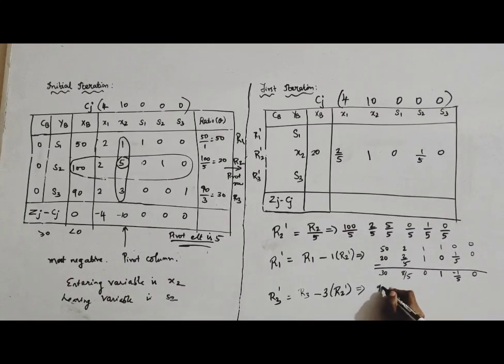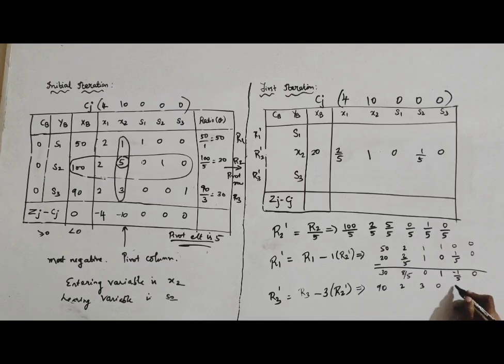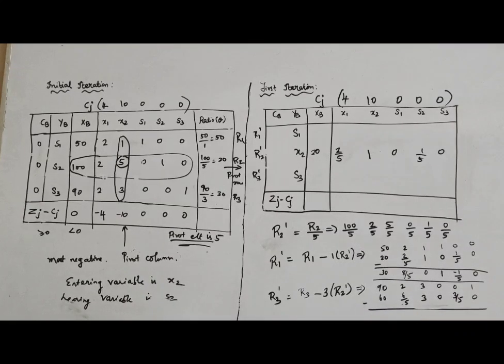That is 90, 2, 3, 0, 0, 1. And 3 into R2 dash. 3 into 20, 60. 3 into 2 by 5, 6 by 5. 3 into 1, 3. 3 into 0, 0. 3 into 1 by 5, 3 by 5. 3 into 0, 0. You have to subtract these two equations.